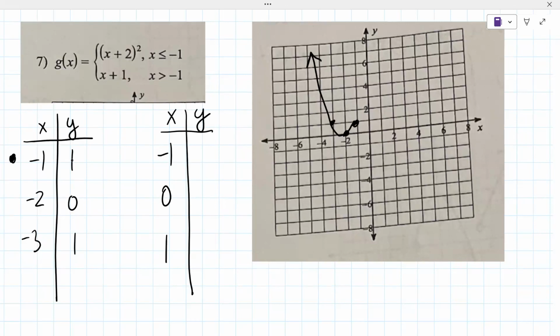Tell me about the one on the right here. What do you get for these values? For those values right there, -1 plus 1, that's a 0. Okay, for 0 plus 1, that's a 1. And for the next one, 1 plus 1 is a 2.